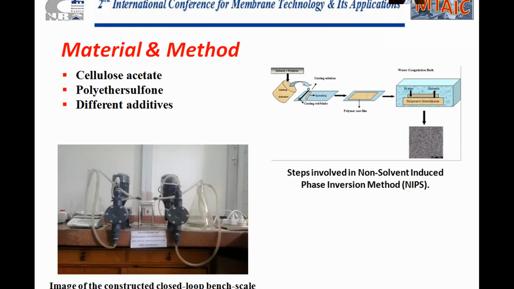The second image represents the bench scale forward osmosis unit, which consists of a membrane cell.